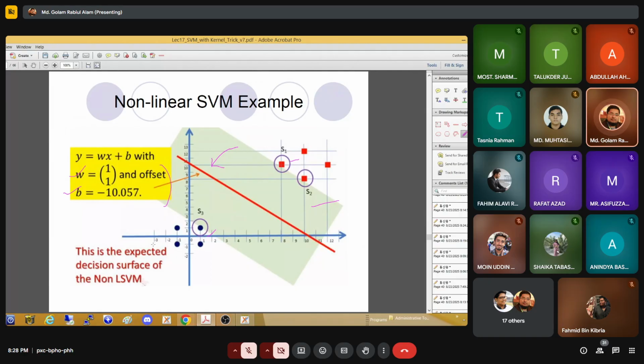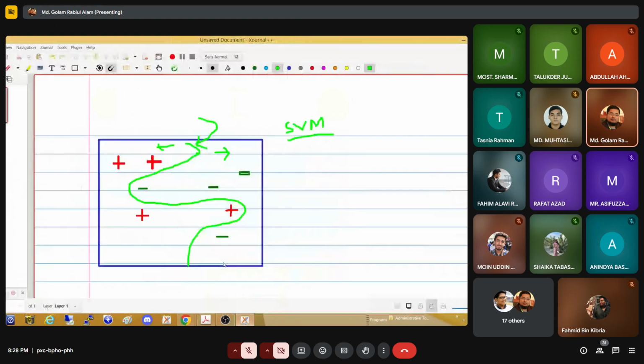But sometimes, instead of designing a customized kernel trick, we want to apply some of the benchmark kernel functions. So what are the benchmark kernel functions? One of the kernel functions is what we call the polynomial kernel.